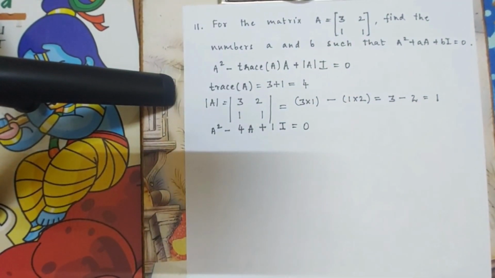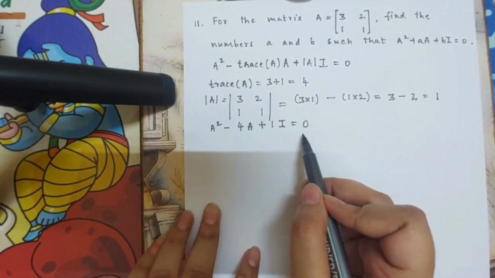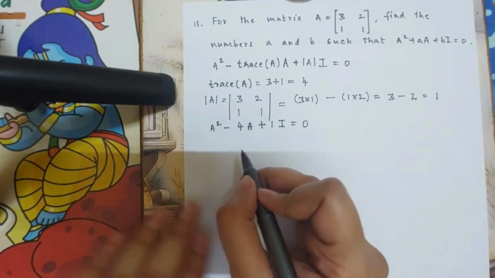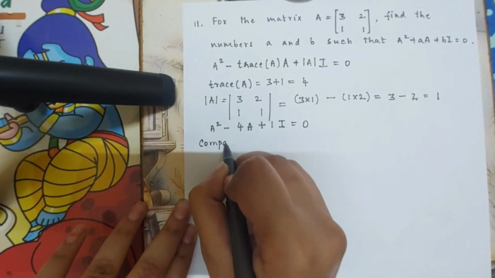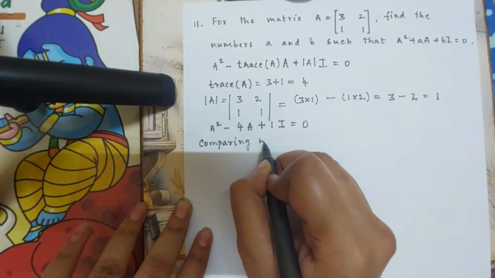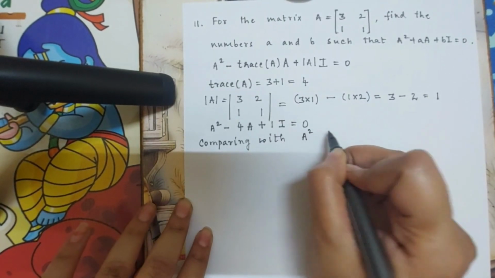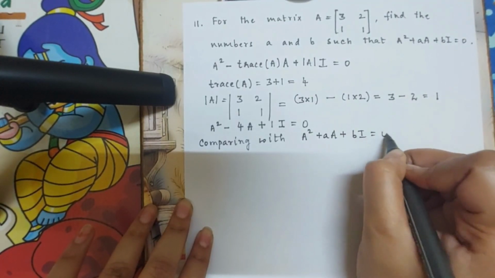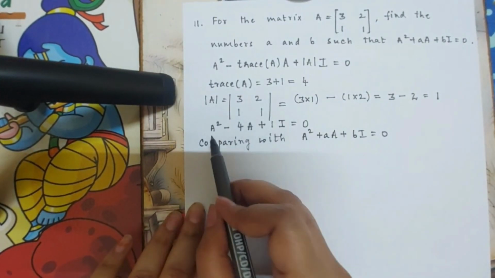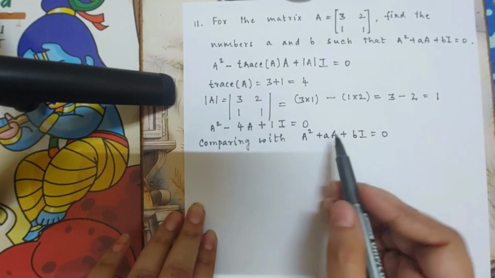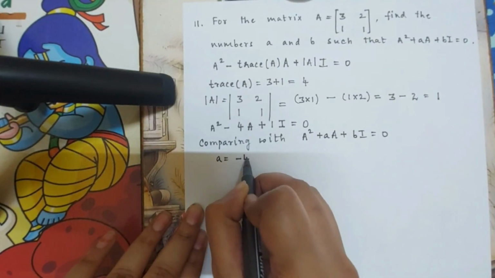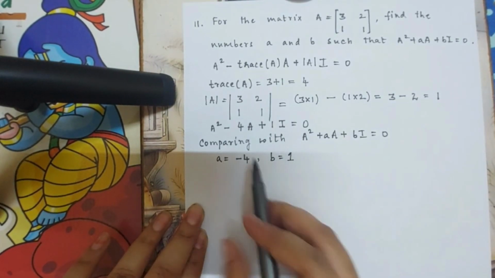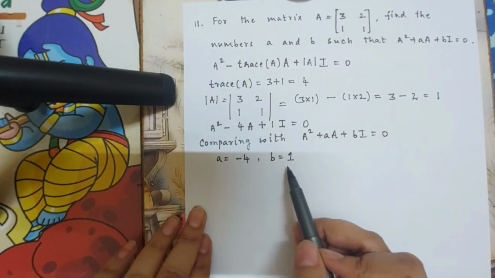Now we need to compare this equation with the given equation, that is A² + aA + bI = 0. If I compare these, I'll be able to get the value of a as minus 4 and the value of b as 1. So here the value of a is minus 4 and b is 1.